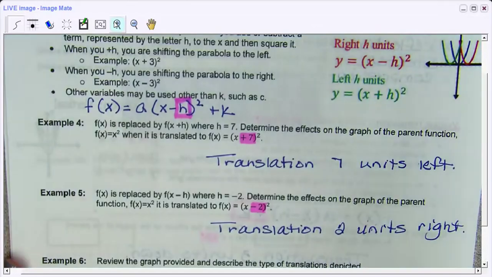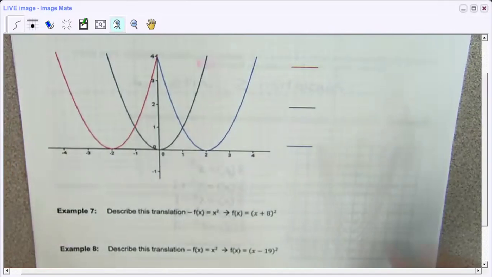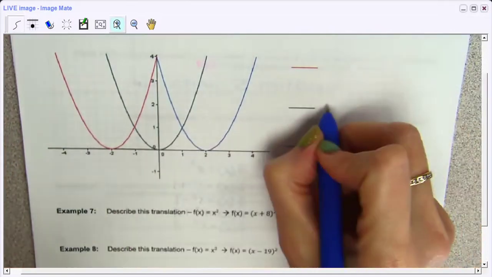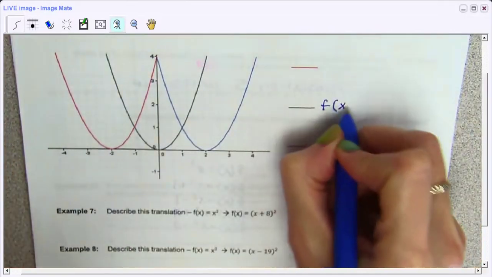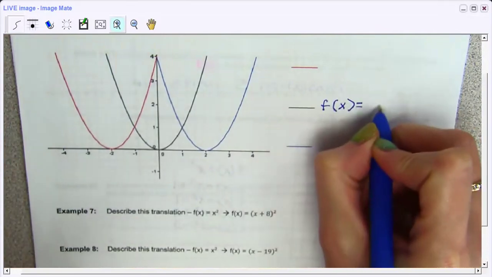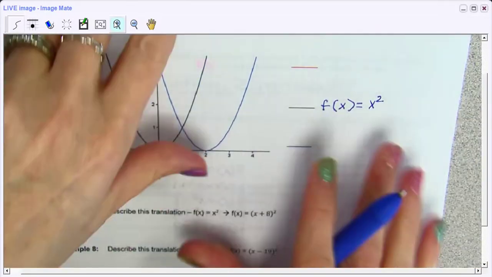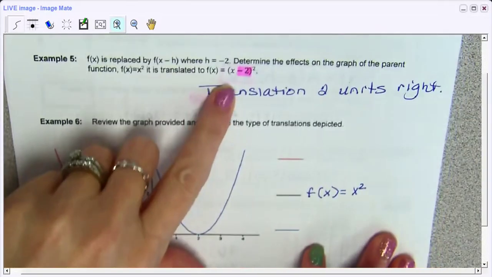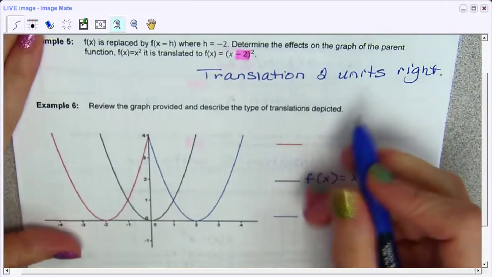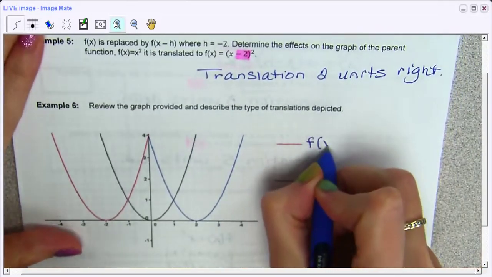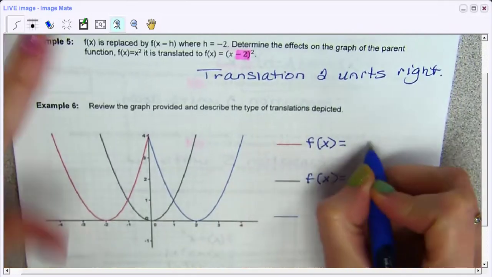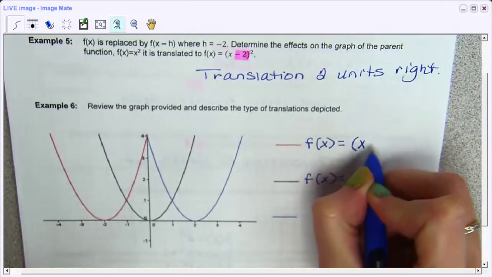So now we're going to look at it from a graph. Our parent function is the black line. So f of x equals x squared. Okay. And the red line, we're just going to write it how it is up in the examples. So for the red line, it's going to be f of x equals x.